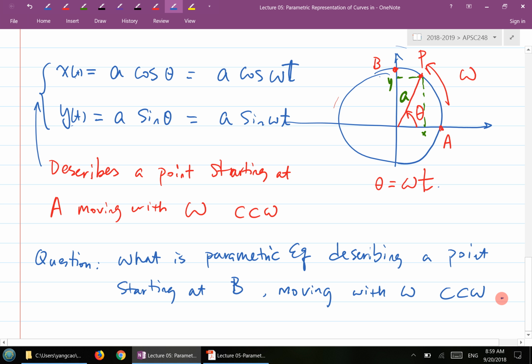So very little change. And what would that mean to the parametric equation?